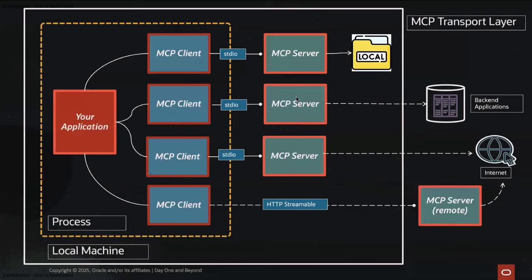And remember, I said STDIO runs in the process. That means I have to have a local agent running. In this case, I have SQLcl, which is nothing but a CLI tool from Oracle that developers previously used to write SQL queries against an Oracle database. We took the same approach. We took that same SQLcl that you have to install on your local machine, in the same process, and then we put an MCP server on it as an adapter.